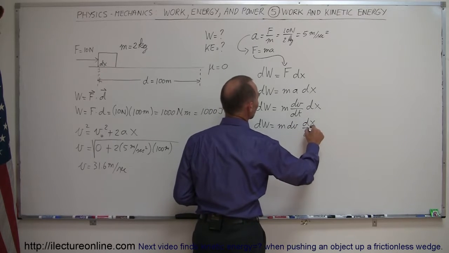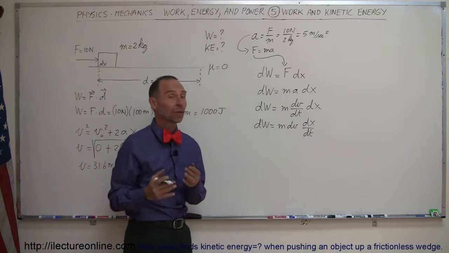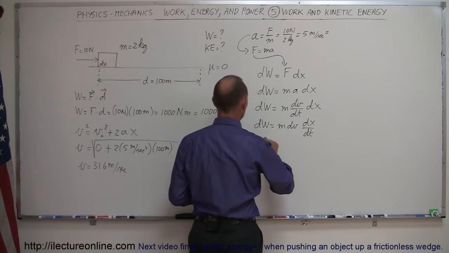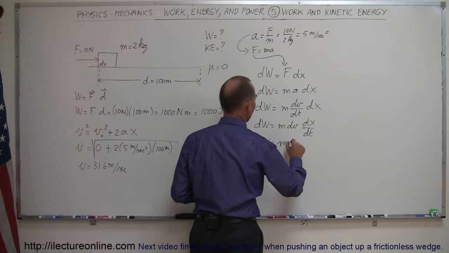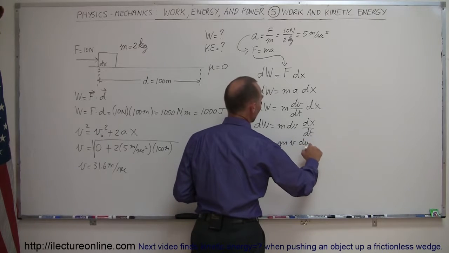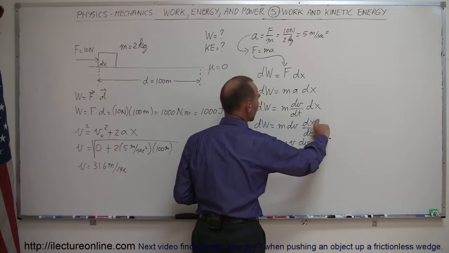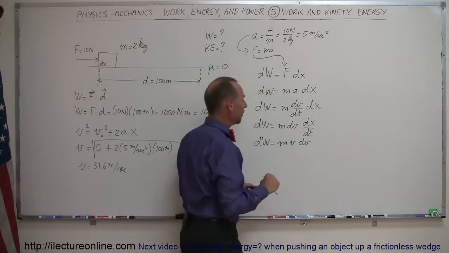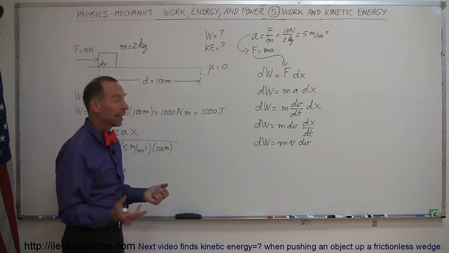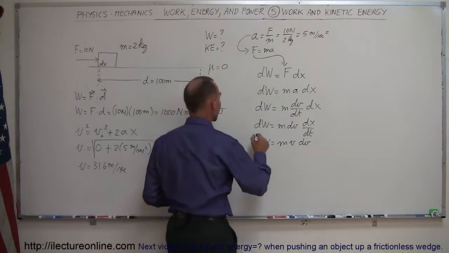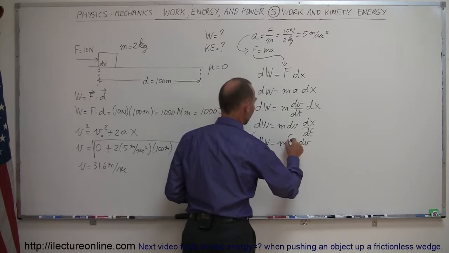And of course, the definition of dx/dt is that it's equal to the velocity, which means that dw is equal to m times v times dv. I just moved the dx/dt, which is v, in between m and dv. And then I can go ahead and integrate both sides.